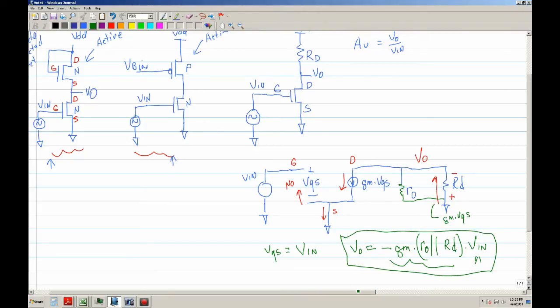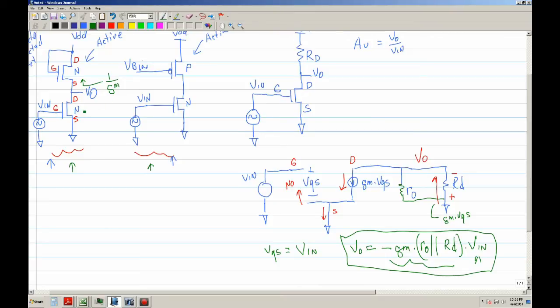So why am I doing this? Well, because you treat these two basically the same way. If you look at one of the previous videos, the video that I made about diode connected transistors or MOSFETs, when you look into the source, you should always think that it's 1 over gm.